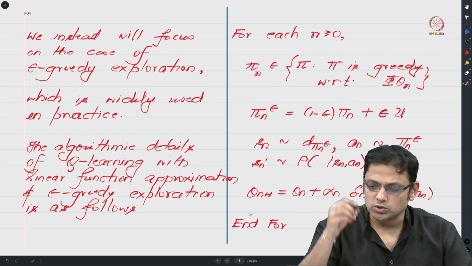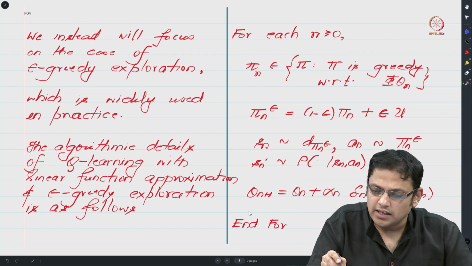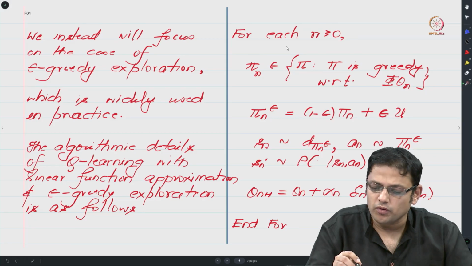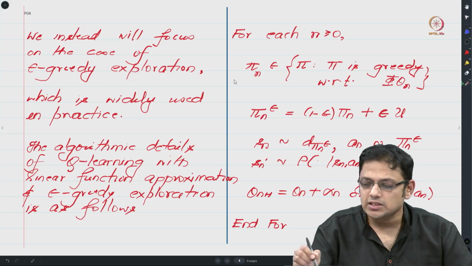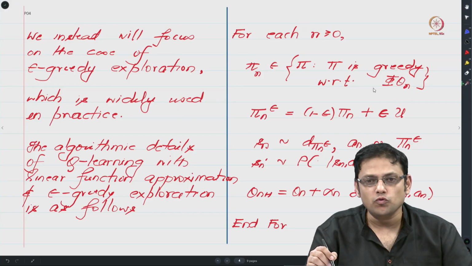We will somehow start with this, then at the 0th iteration we will first pick a policy pi 0 which is greedy with respect to phi theta 0.